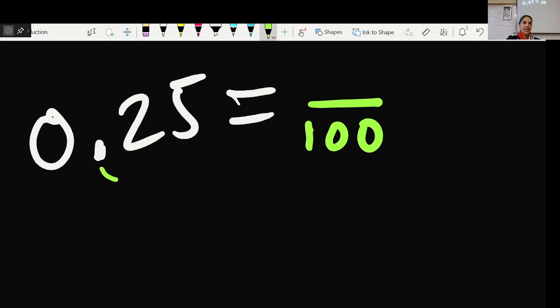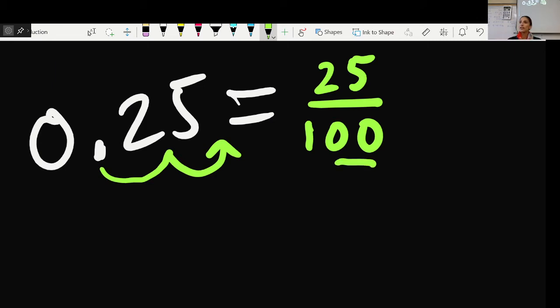Because I take this decimal and I move it over 2 places to get 25 to a whole number. Does that make sense? So I'd put 25 at the top, and then I know that I have 2 zeros here because I moved it over 2 decimal places. Are we good with that so far?